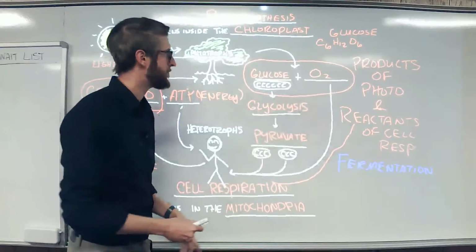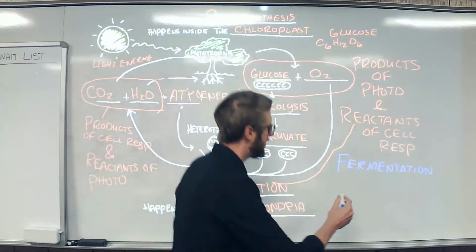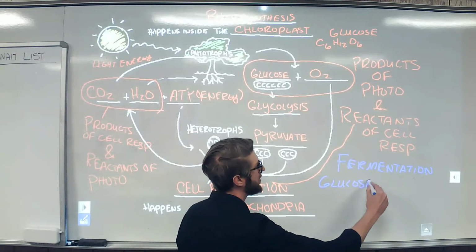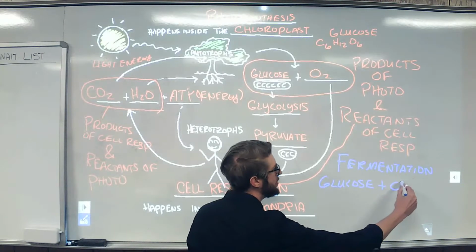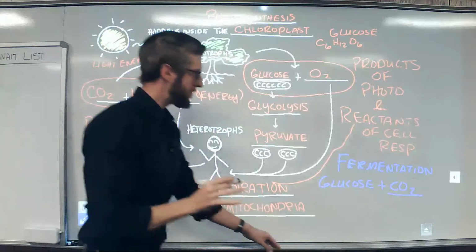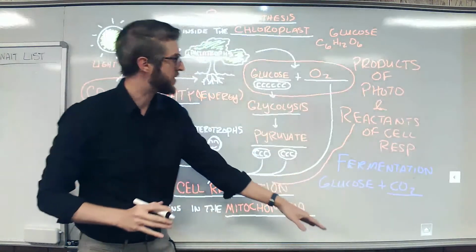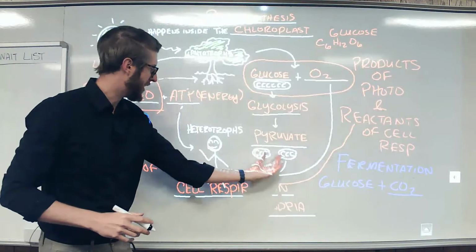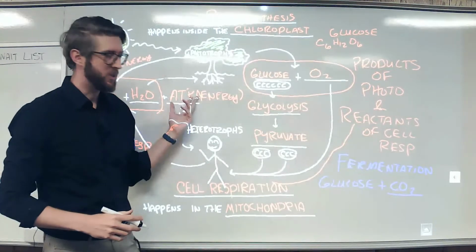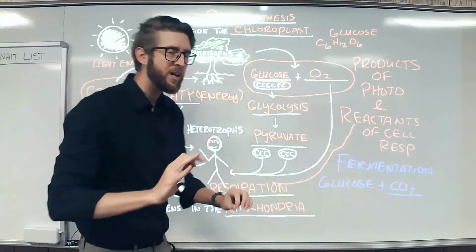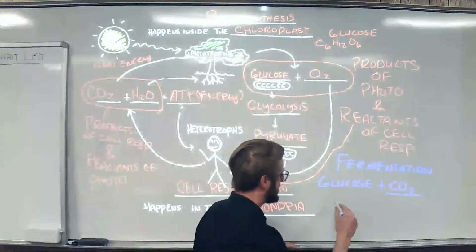So what's happening? Well, in fermentation, what we're doing is we're combining glucose and CO2 instead of oxygen. So CO2 is being used to break down the glucose into pyruvate and used to make energy. The problem is that you make very little ATP when you do this.